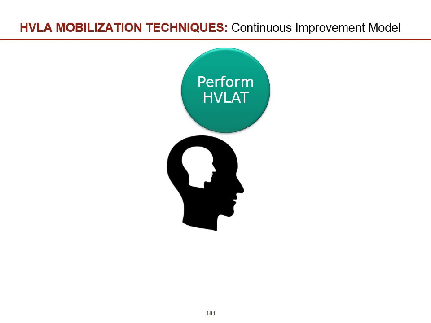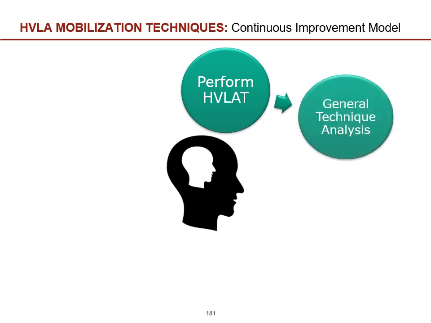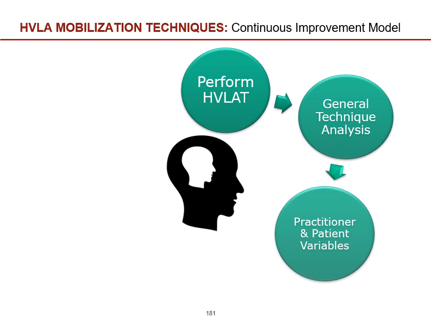So the model starts with actually performing a thrust technique. Then, if the technique does not go as expected or optimal in your opinion and/or the patient's, there's going to be a general technique analysis.